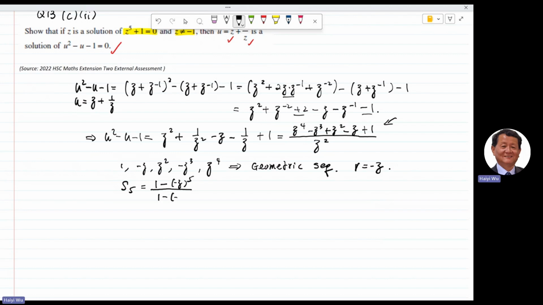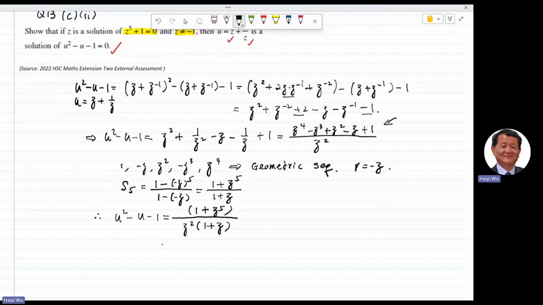So I'm going to replace this, therefore my U squared minus U minus 1 becomes 1 plus Z to the power 5 over Z squared times (1 plus Z).